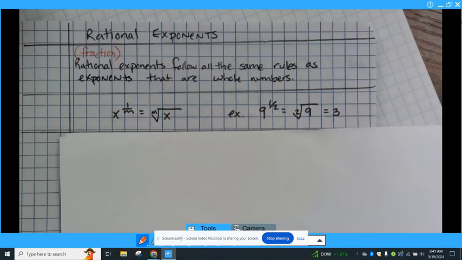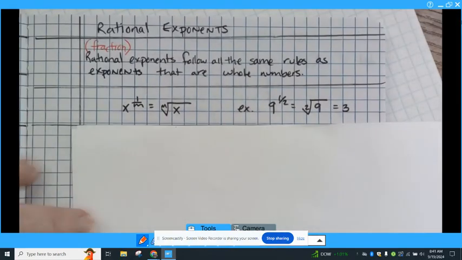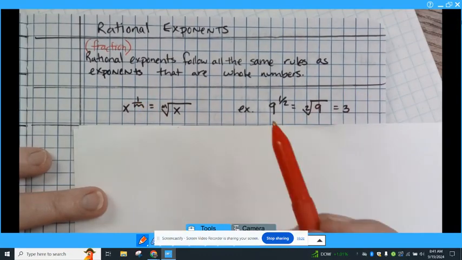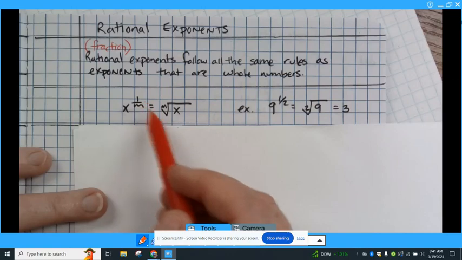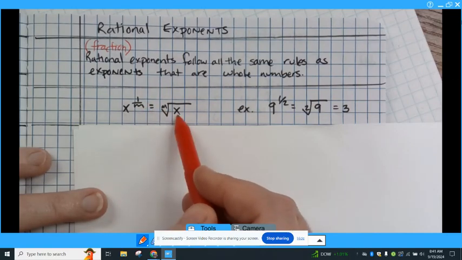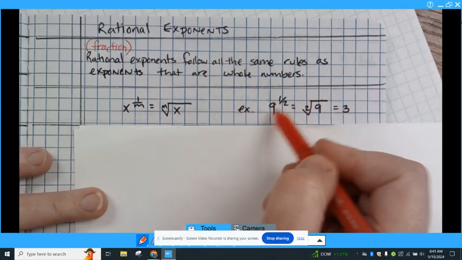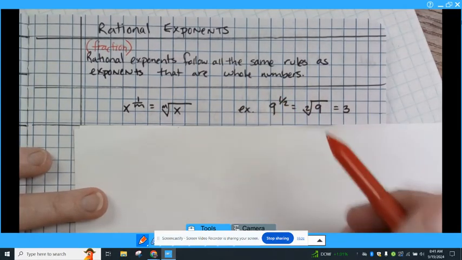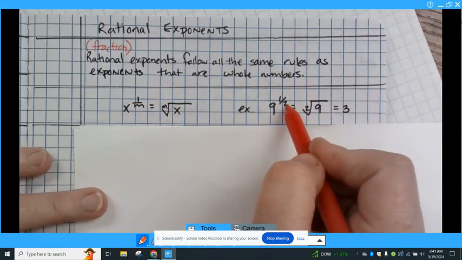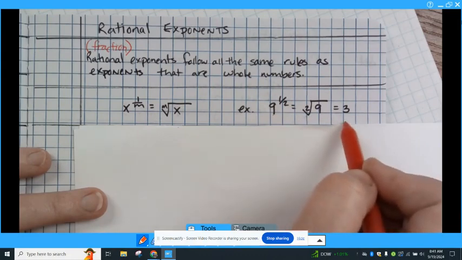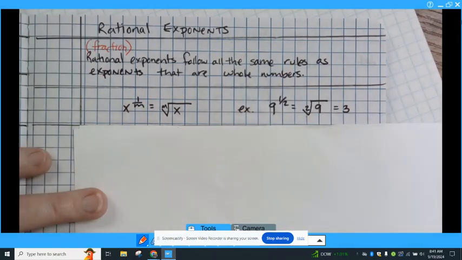So real fast, if you have x to a fraction of 1 over m, it is exactly the same as taking the mth root of x. So for example, if you have 9 to the 1/2, that's the same as taking the square root of 9, the denominator being the root, which is 3. Okay?